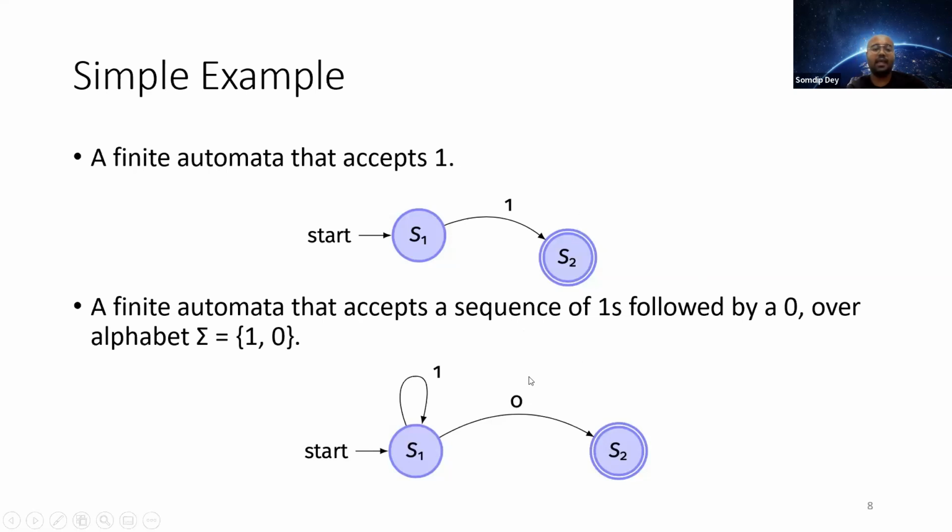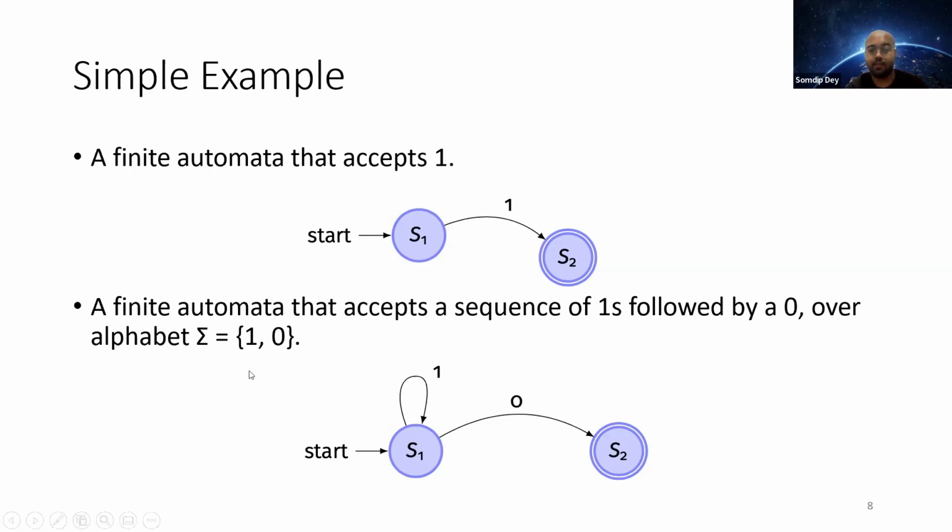So this is an example of such a machine. Another example is, let's say you have a finite automata that accepts a sequence of ones followed by a 0 over the alphabet 1 and 0. If you can recall, alphabets are the symbols that a language is made of.